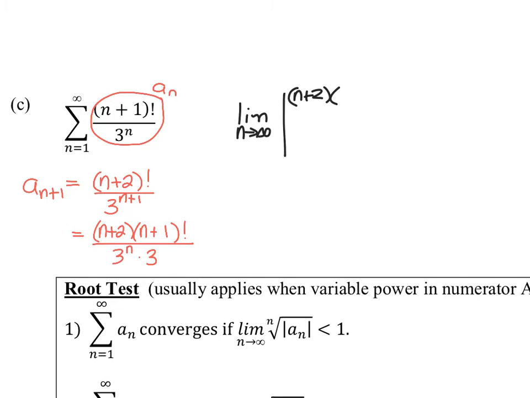So n plus 2 times n plus 1 factorial over 3 to the nth times 3 over n plus 1 factorial, 3 to the nth. Cancel all that is cancelable, which should be a fair amount of it.